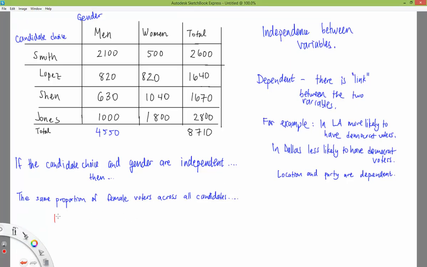If they are independent, then what percent of Smith voters are female?